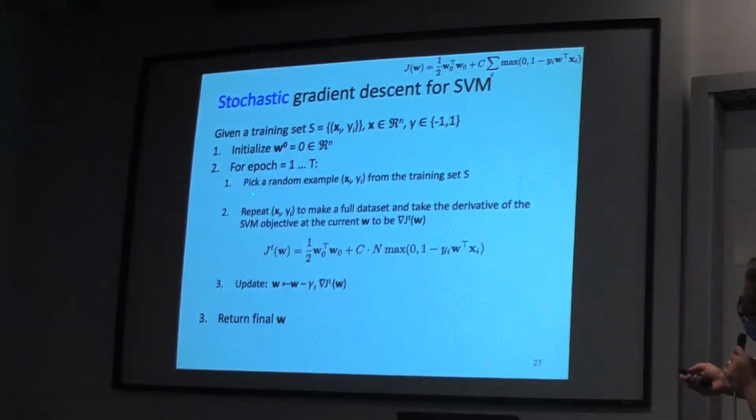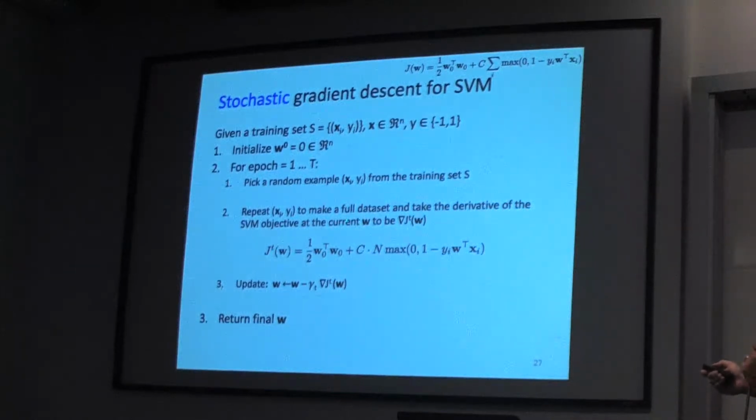That is, in each step, when we pick a random example xi, yi from the current training set, you're going to need to repeat this xi, yi for big N times. So this big N is the size of training set. In other words, you're going to duplicate this randomly selected example to fit a data set.